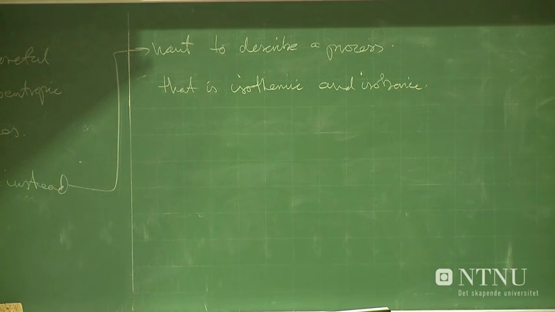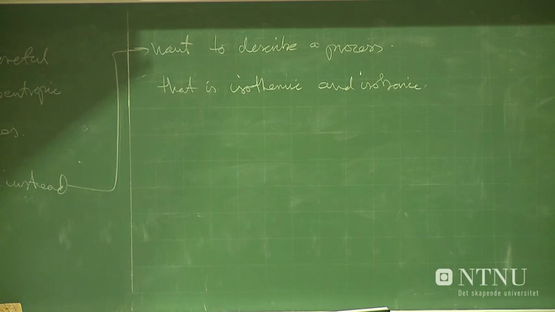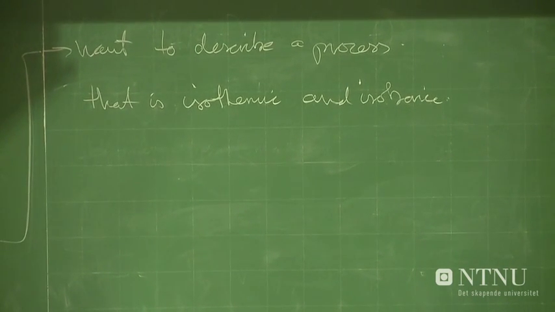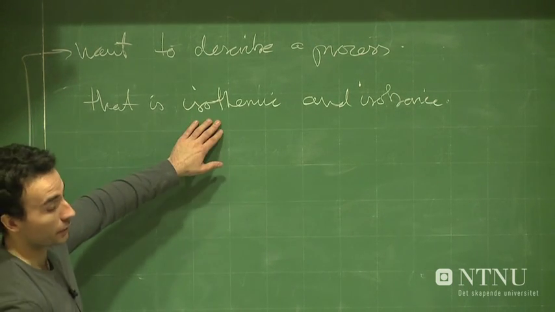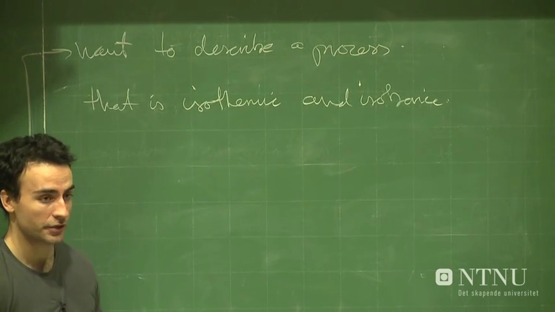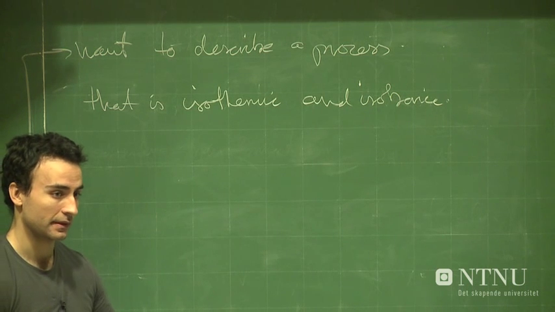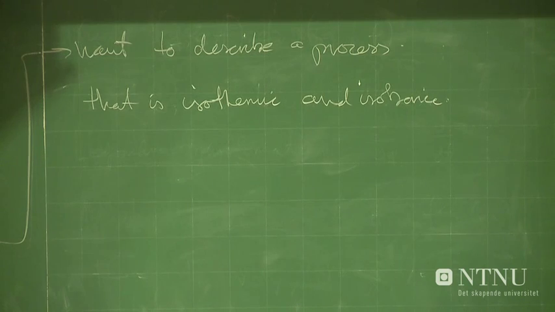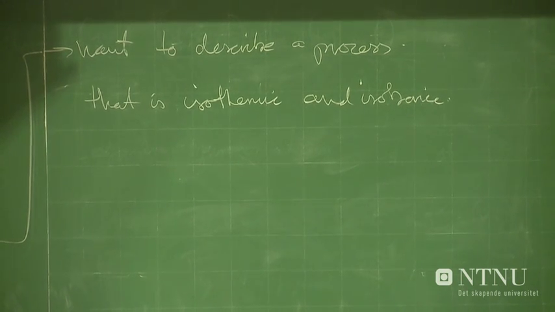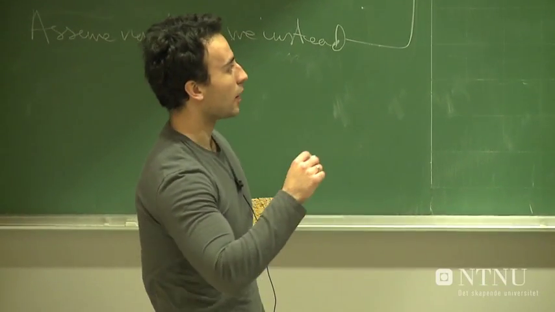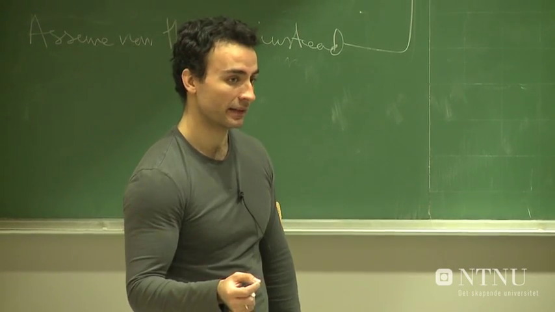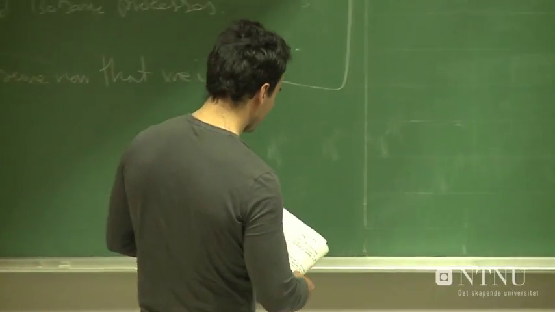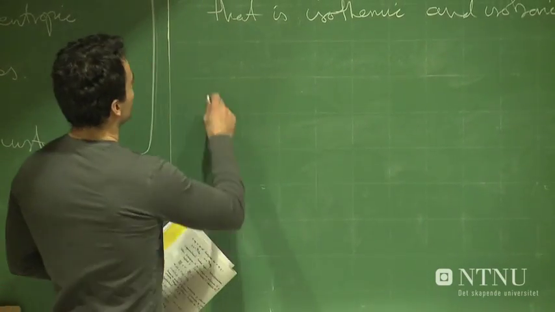Assume instead that we're now dealing with a process or reaction which is isothermic and isobaric. So it's isothermic instead of isentropic, which means that the temperature remains the same in the process. In that case, it would be more useful to have some thermodynamic function which would be depending on T and P, since both of them would be constant in the process.